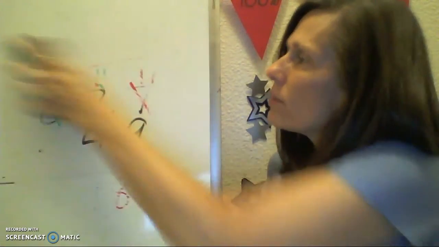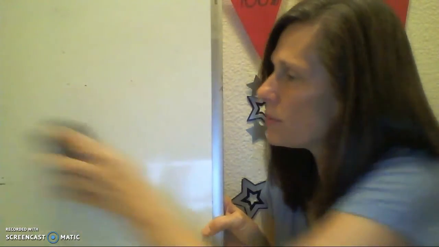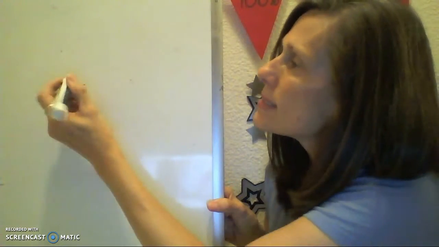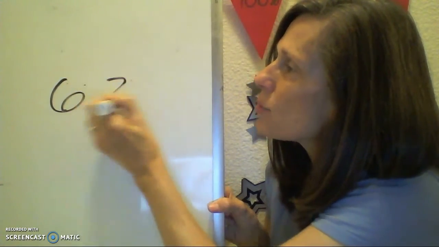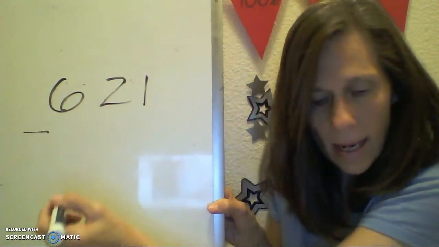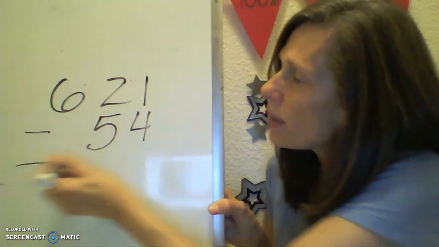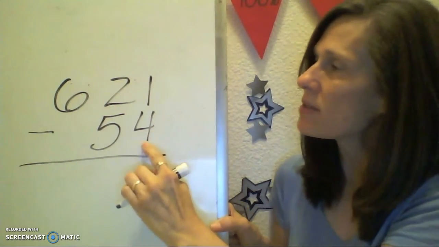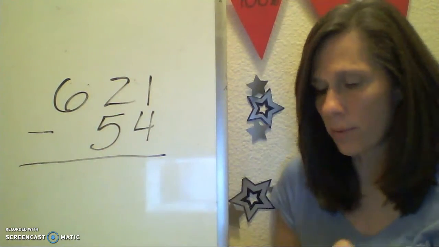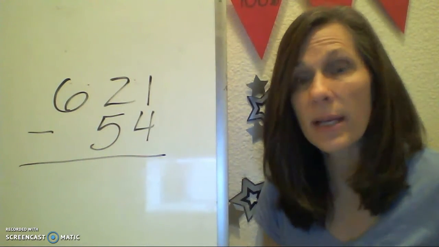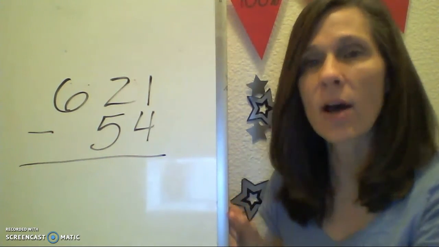Okay, so let's go ahead and do another one. Here we go. Let's do 621 minus 54. All right, so remember our little rhyme. When there's more on the floor, we go next door, right? Or we ask ourselves, can I do it? 1 take away 4, I cannot do it.